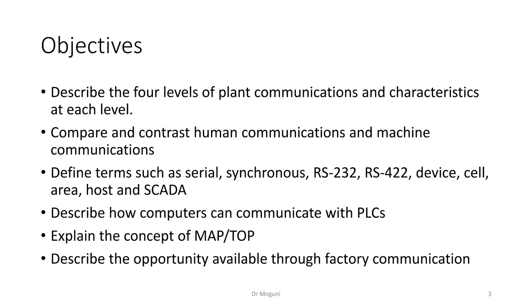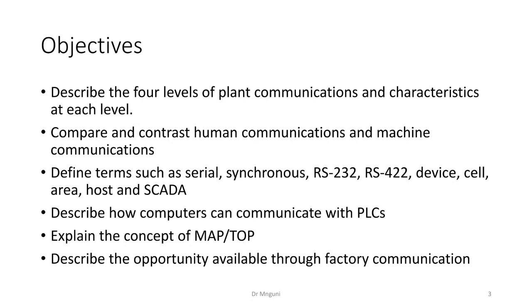And if you're asking yourself, what is MAP? It's actually your manufacturing automation protocol. And your TOP is your technical office protocol. We're going to go deeper and understand what we mean when we talk about manufacturing automation protocols, as well as what we mean when we talk about technical office protocols.